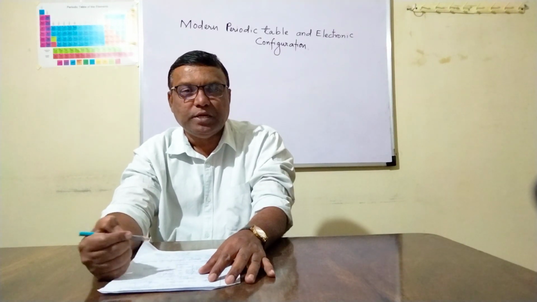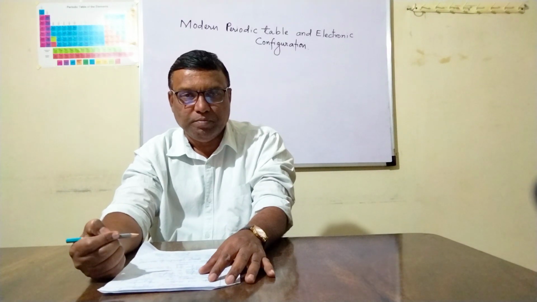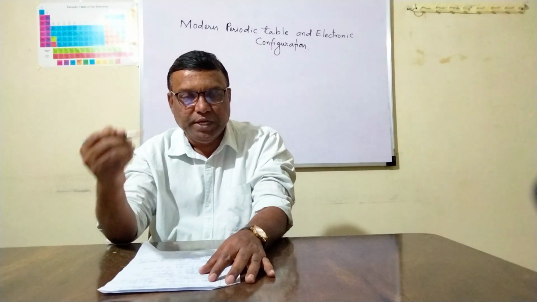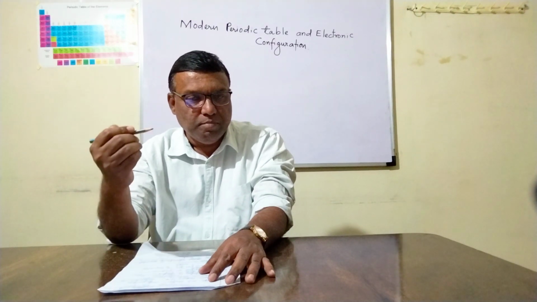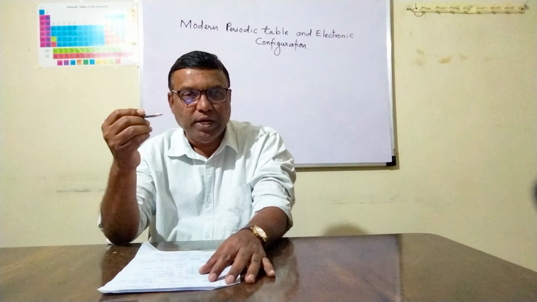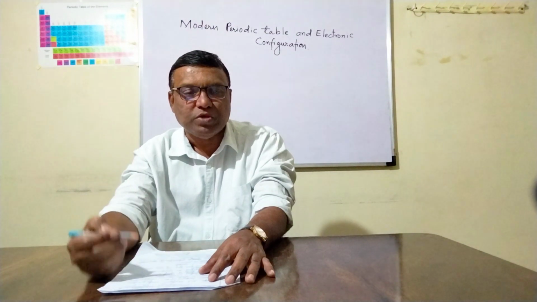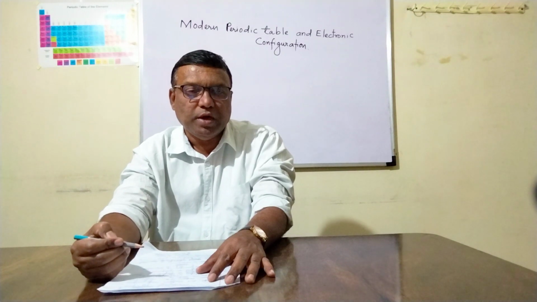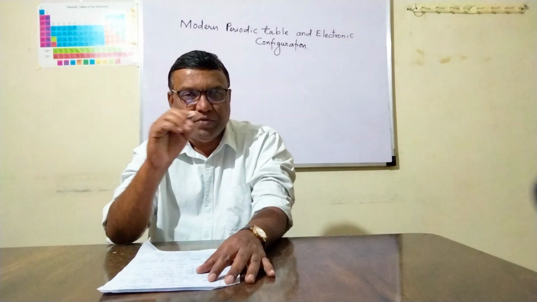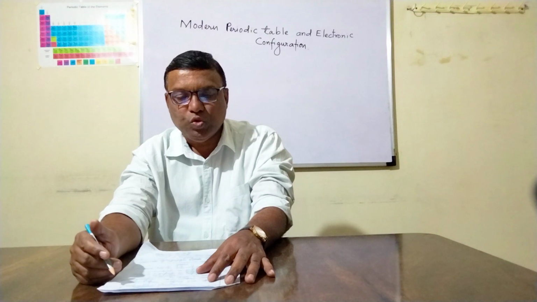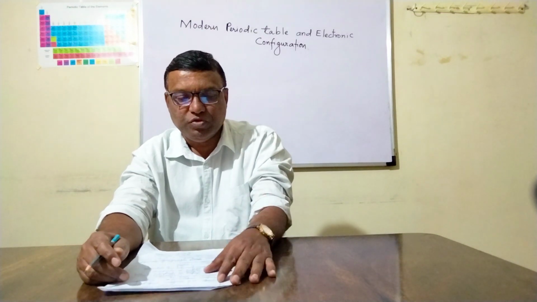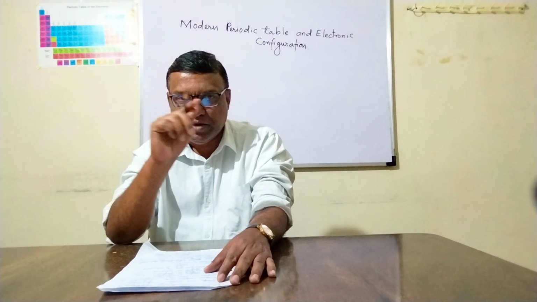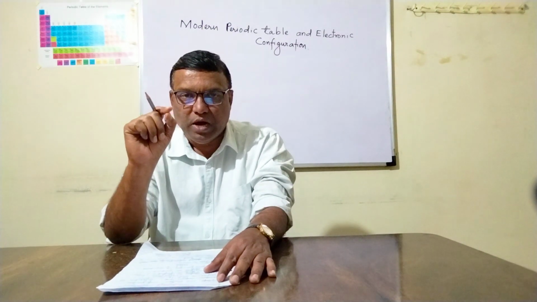In the structure of the modern periodic table, we have seen that 18 vertical columns are there, means 18 groups are present in the modern periodic table. 7 horizontal rows are present, that we have seen. So keep in mind, 18 groups are there and 7 periods are there.